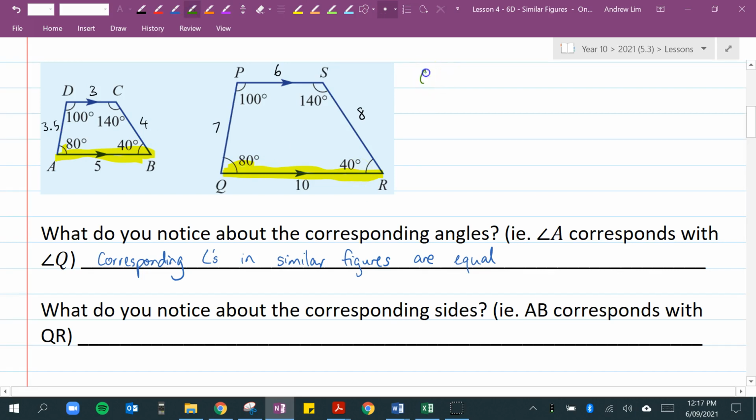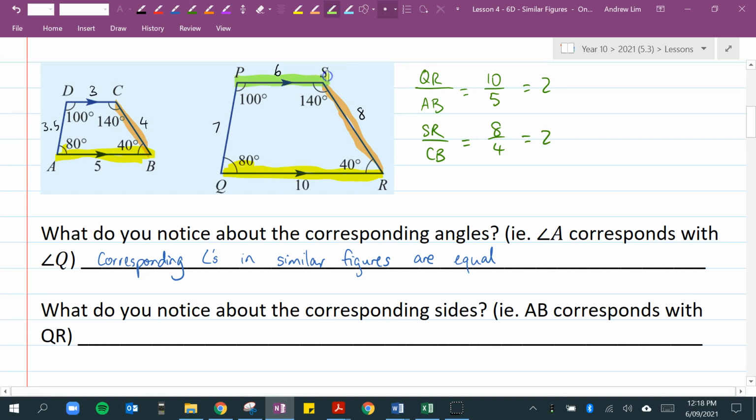Well, if we were to take QR, the longer one, and divide it by its corresponding shorter side, we get 10 over 5, which is 2. If we were to take this one here, SR, the longer one, and put it over the shorter corresponding side, SR over CB, that's 8 over 4, and 8 divided by 4 is also 2.